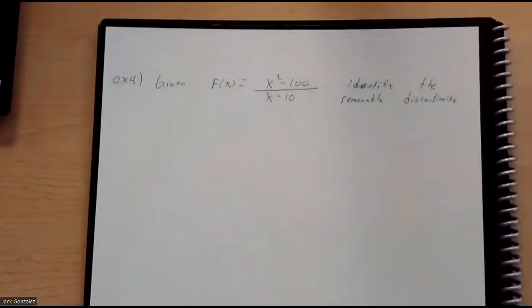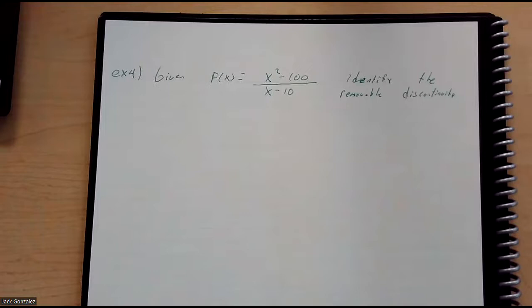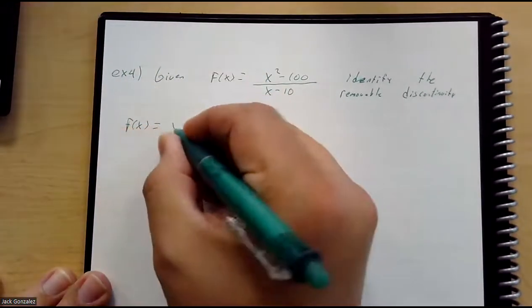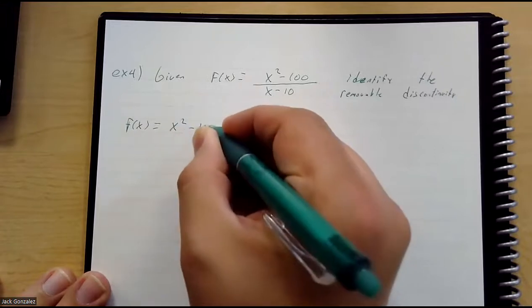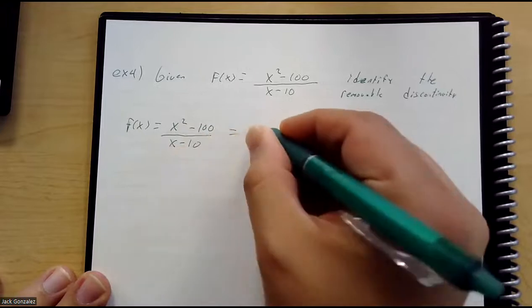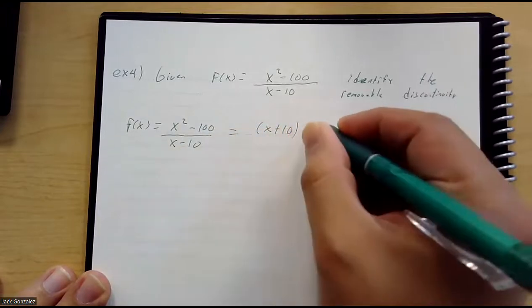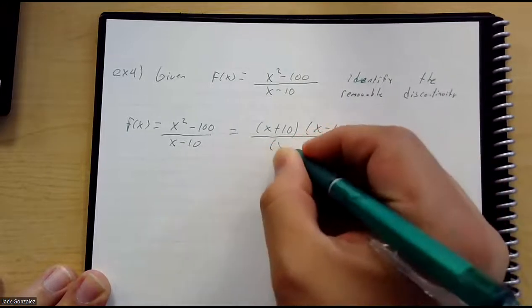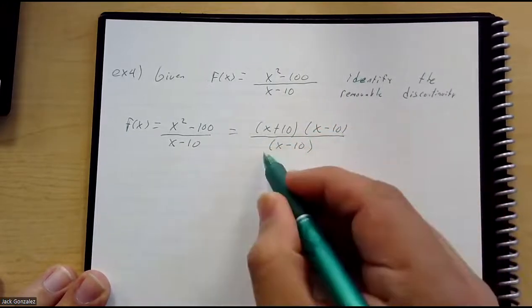All right. So all you have to do, we said, is if you can factor and cancel the term, then that is your removable. So you take this guy back to the top. You see that that is the difference of squares, right? This will factor into x plus 10, x minus 10, difference of squares. So these will cancel.